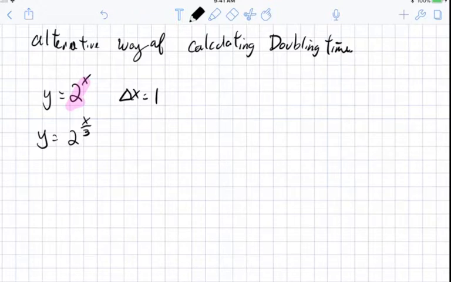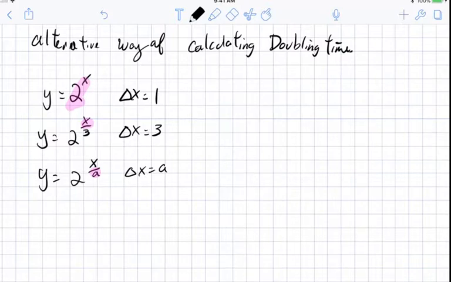Well, every time the input x increases by 3, it's going to double, right? Whatever this number in the denominator of my exponent is, that's the doubling time if the base is equal to 2, right? And you can even do this backwards.